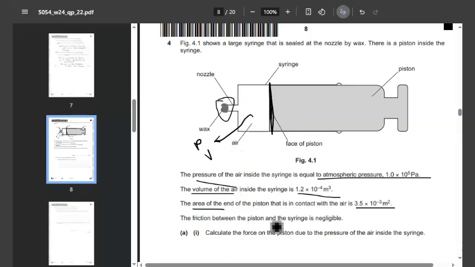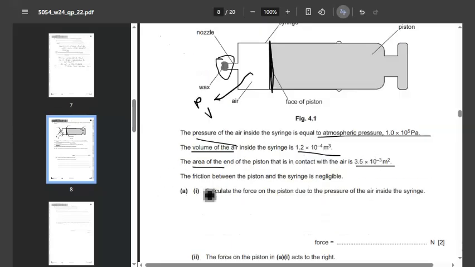Question A, Roman 1. Calculate the force on the piston due to the pressure of the air inside the syringe. So basically we have to calculate the force that is being put right here on the face of the piston. So the force here is the pressure on the air. Pressure is equal to force divided by the area. So we have the pressure and we have the area. So to calculate the force, we will write force is equal to pressure multiplied by the area.